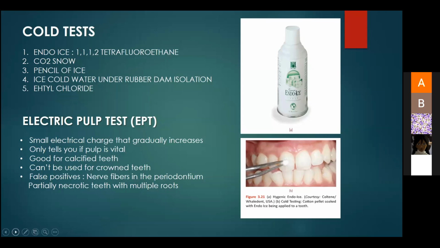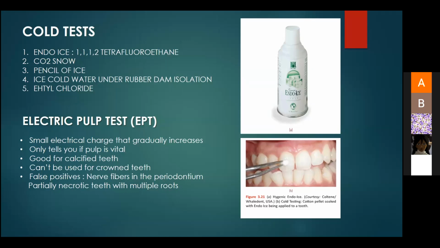Then comes the electrical pulp test. Electrical pulp test is very important because it gives you a small electrical charge. Each tooth, and each tissue inside the tooth, also enamel, dentine, and pulp, they have a particular response to electrical conduction. So there have been various studies on the threshold of electrical conduction inside the tooth, which can be read inside the books.